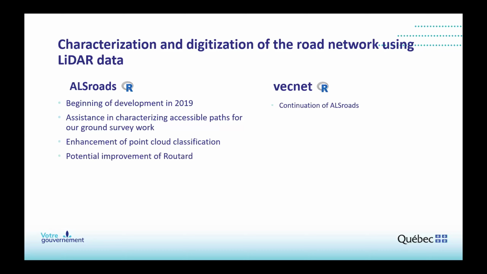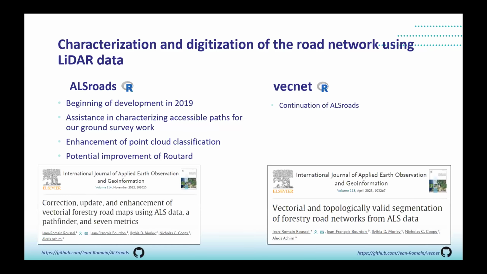Once ALS Road was made, VecNet was the continuation of ALS Road. If you're interested, here are two papers that were published, and I also gave you the GitHub links for both of the R packages. The difference between these two packages is that with ALS Road, you need to have vectors to be analyzed, and with VecNet, you have to give it a starting point and it will try to find the roads.